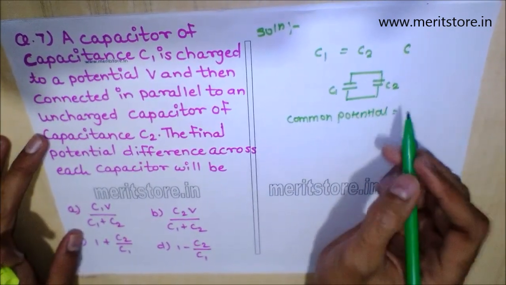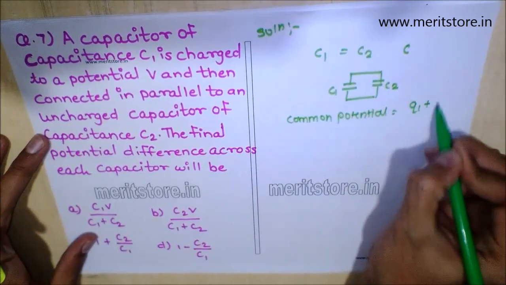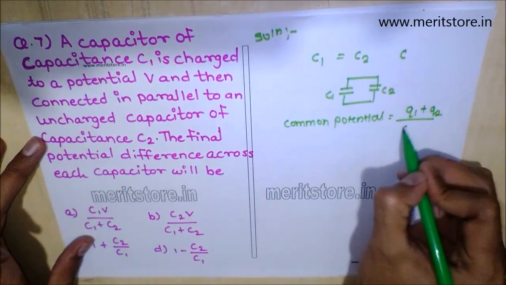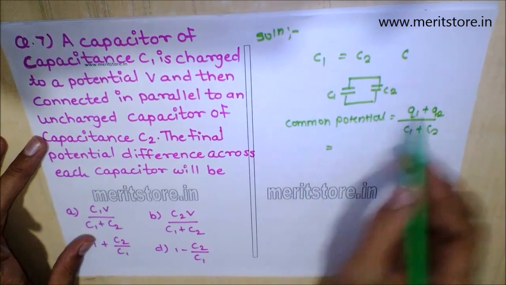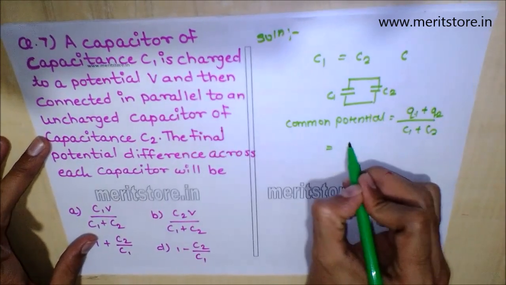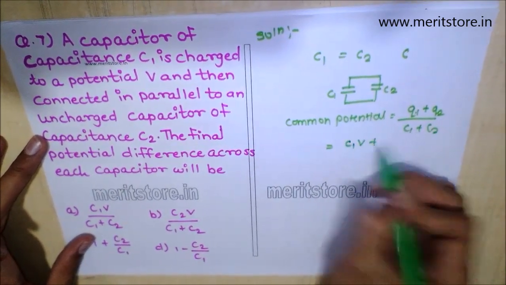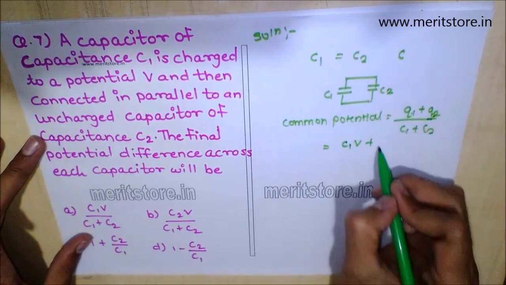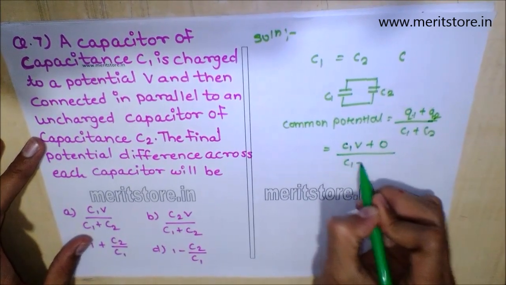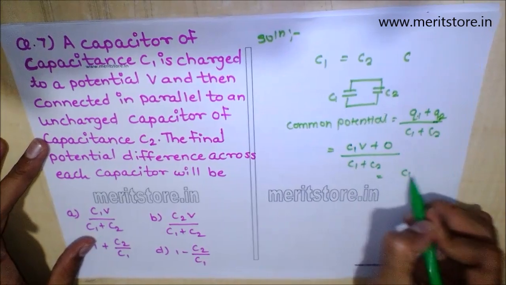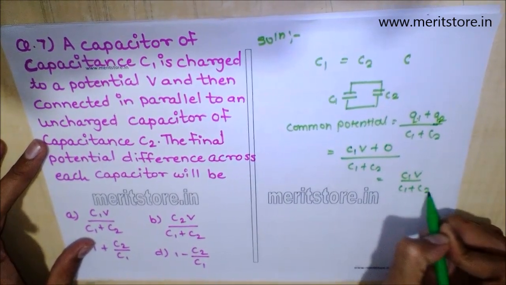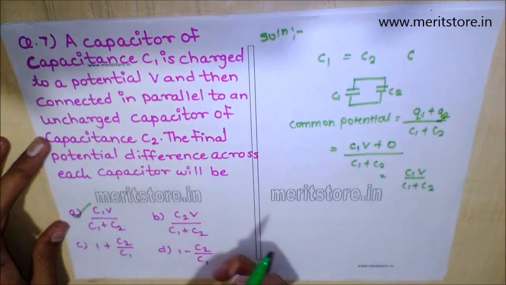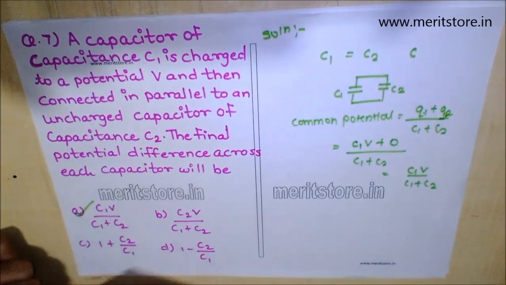This common potential is given by the formula Q1 plus Q2 upon C1 plus C2, where Q1 is the charge on the first capacitor, that is equal to C1V, plus the initial charge on the second capacitor, which is 0, upon C1 plus C2. So we get C1V upon C1 plus C2. Here we have the option C1V upon C1 plus C2.